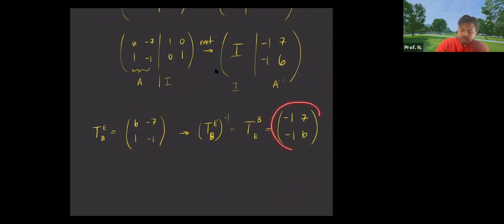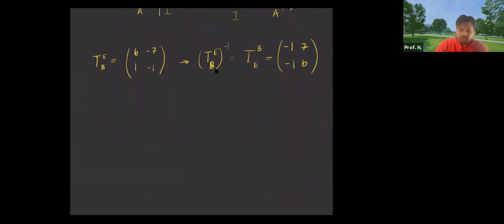So this transition matrix takes things that are written in this ordered basis and rewrites them in terms of this ordered basis. Does that make sense? So for example, if I have a polynomial, and my polynomial is 1 plus 3x.